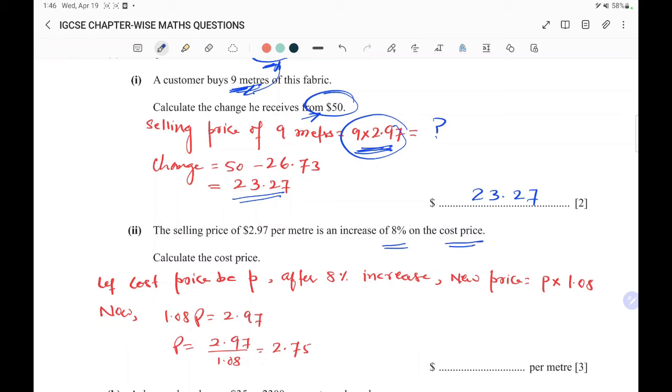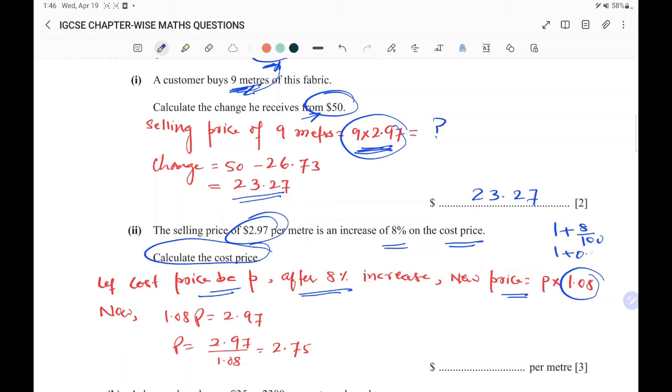Next, the selling price of 2.97 per meter is an increase of 8% of the cost price. So initially there was some cost price, then an 8% increase, then this is the selling price. Now they're asking about the cost price. Let the cost price be P. After an 8% increase, the new price will be P times 1.08, because 1 plus 8 over 100 is 1 plus 0.08, which is 1.08.